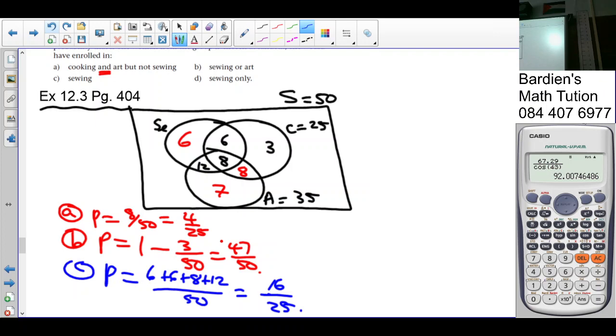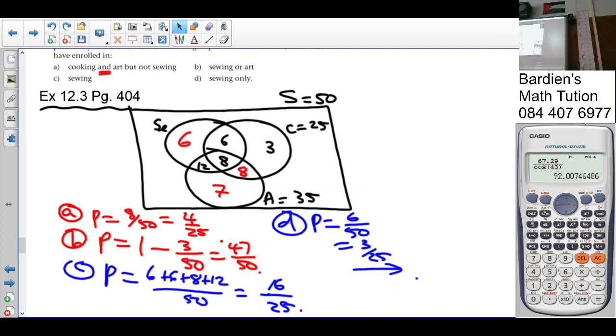Okay? Any confusion here? And then D, sewing only. So sewing only is going to be 6 out of 50, which is 3 out of 25. You all understand?